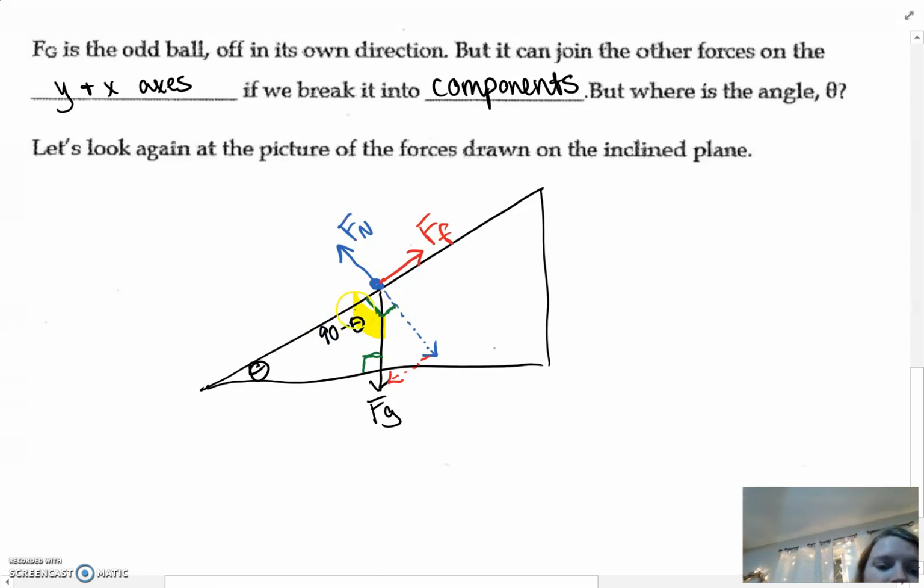If this right here is 90 minus theta, then this has to be theta. So that's the quickest proof I've got for you. The second one is that these are parallel lines, and we have two parallel lines cut by a transversal. No, that doesn't work.